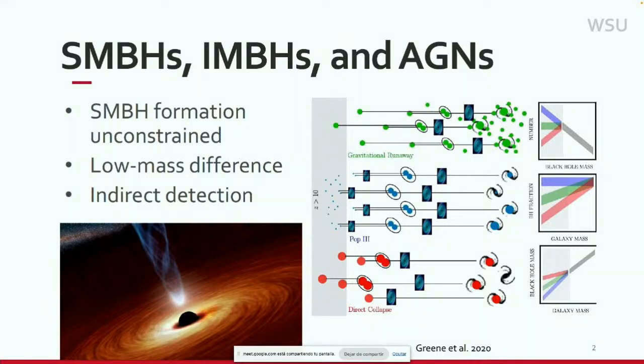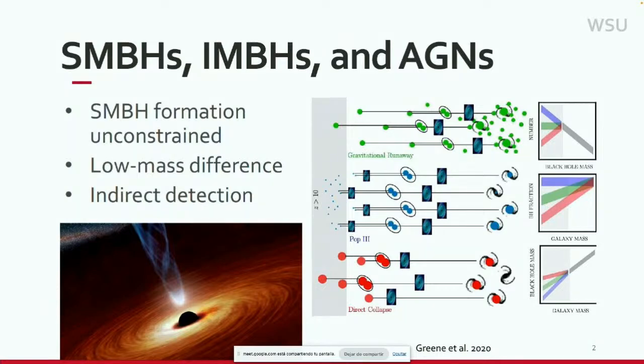The most important difference between these 3 models is the subplots on the right, which depict that they have different numbers for black hole occupation fraction, and then black hole mass as a function of galaxy host mass.